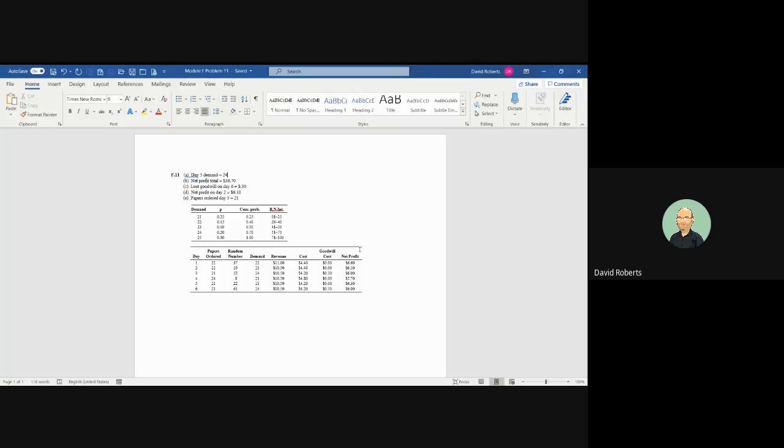So obviously this example is very dated. So in order to get the calculation for day number 1, the day 1 revenue is simply, you take the lower of the papers ordered and the demand, which in this case are the same.